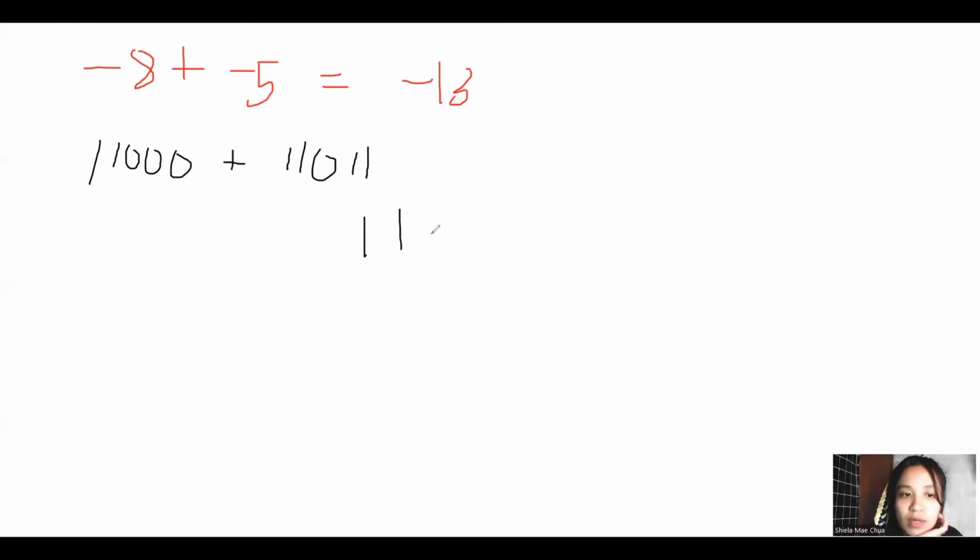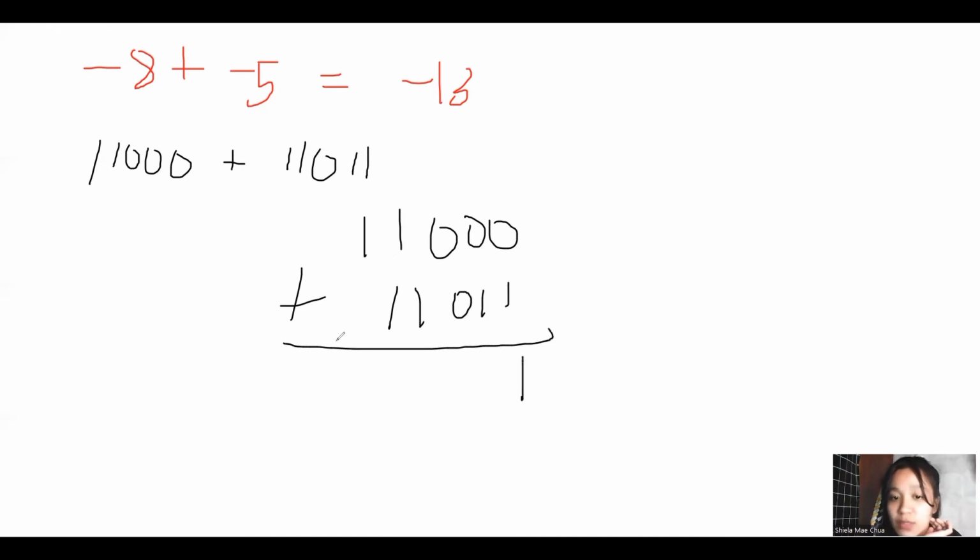So if we add 1, 1, 0, 0, 0 plus 1, 1, 0, 1, 1, 0 plus 1 is 1, 0 plus 1 is 1, 0 plus 0 is 0, and 1 plus 1 is 1, 0. And 1 plus 1 plus 1 is 1, 1.